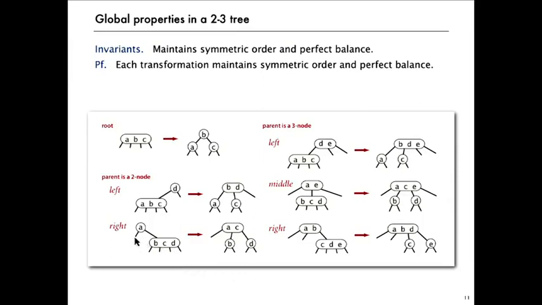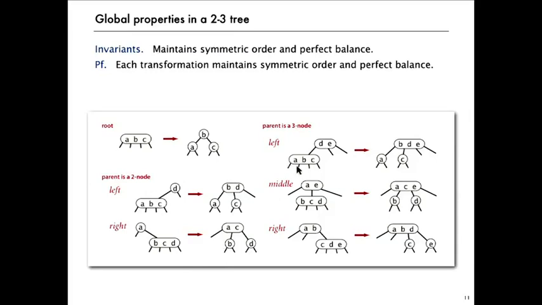And that's true in every case. If the parent is a 3-node on the right, then this one is 1 higher and those 4 are 1 lower, and afterwards it's the same. If there was perfect balance before, there's perfect balance afterwards, because we didn't change the height of any nodes. We just moved things around locally within nodes.